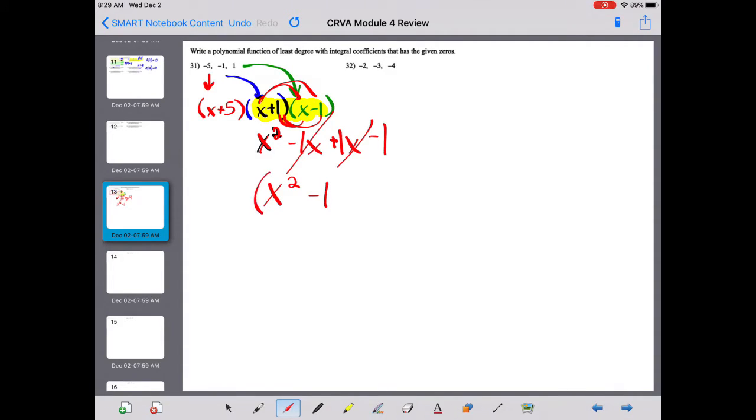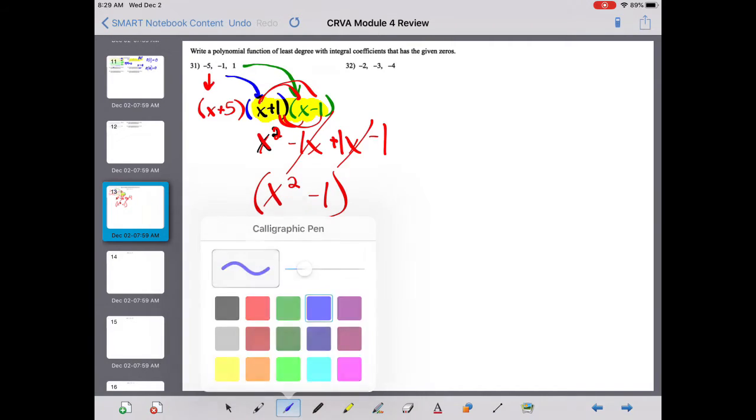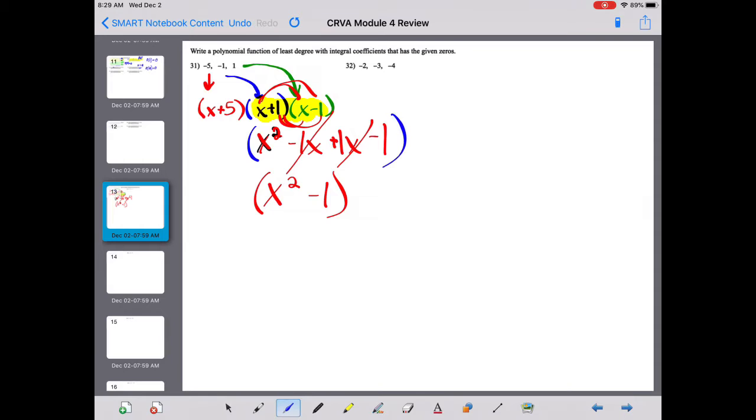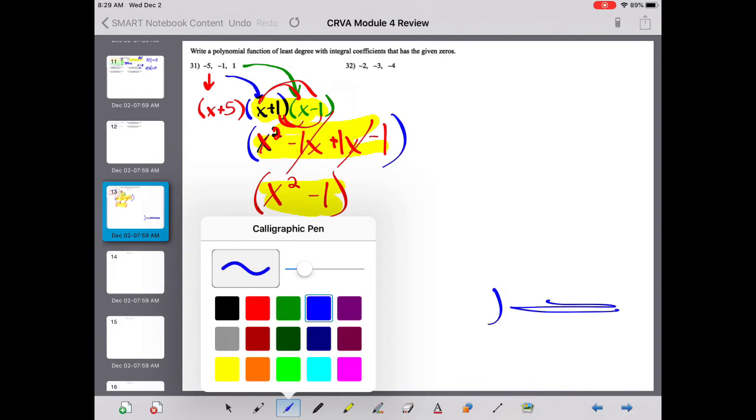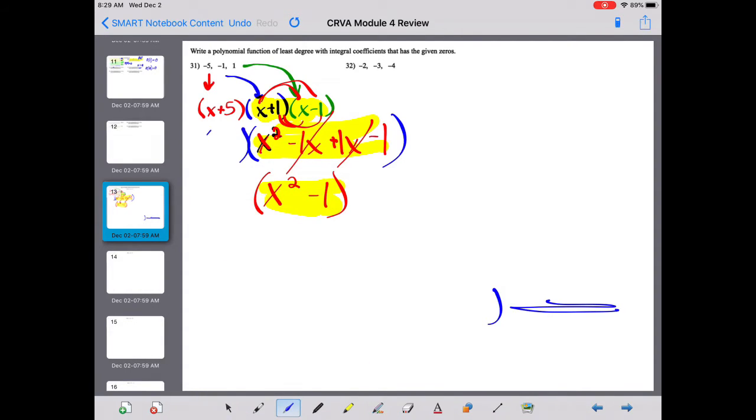Alrighty. So usually you're going to have one more term in this solution that I just got. But this stuff right here is the simplification of multiplying those last two binomials together. But they still need to get multiplied by this x plus 5.